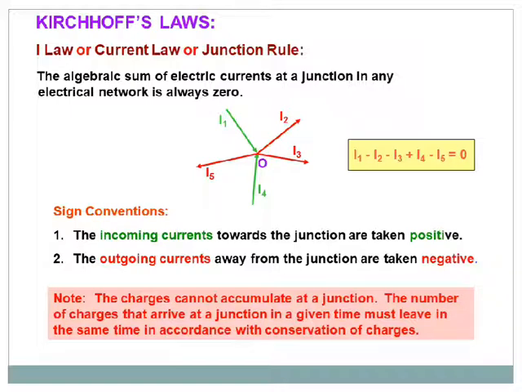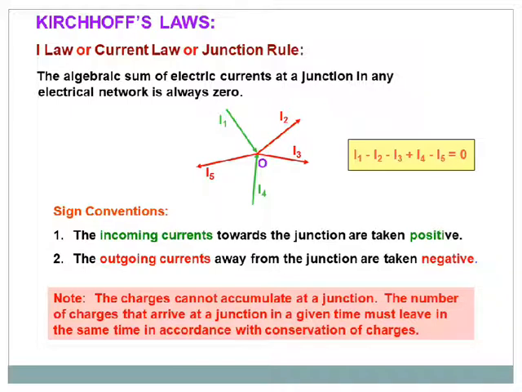In this diagram, it is a single point at which current is coming towards it or going away from it. I2, I3 and I5 are the three currents which are going away, denoted by red, and green denotes current going towards the junction. So I1 and I4 are the currents going towards it. This is the diagram which denotes the currents in this electrical circuit.